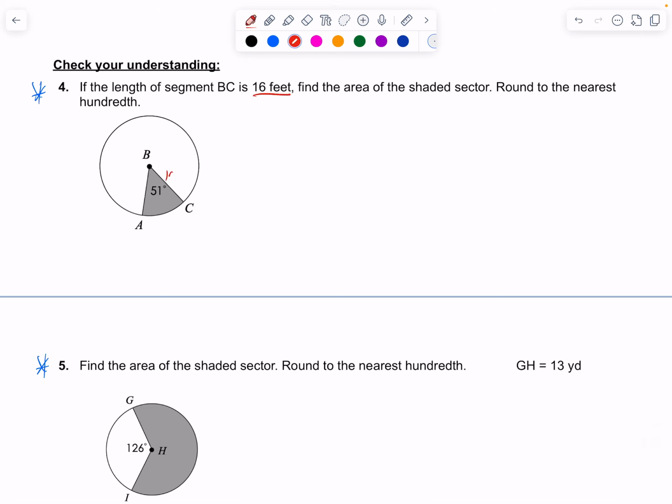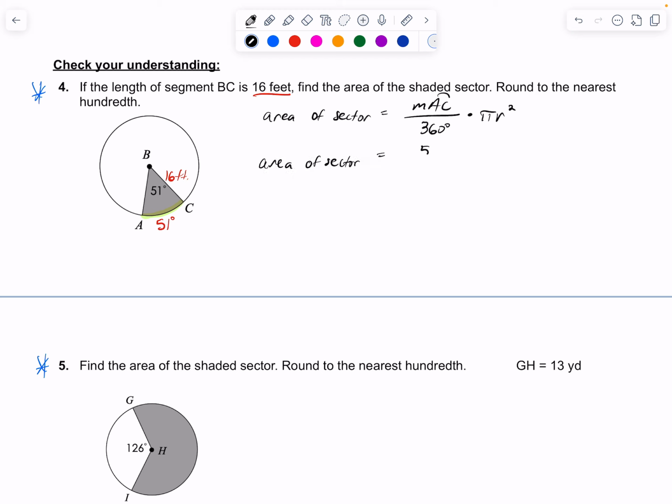As long as I know this arc measure, which I do, is 51 degrees, I can find it using my formula. So the area of the sector is equal to the measure of arc AC out of 360 times pi times the radius squared. Plugging in my information, that is 51 degrees out of 360 times pi times 16 squared.